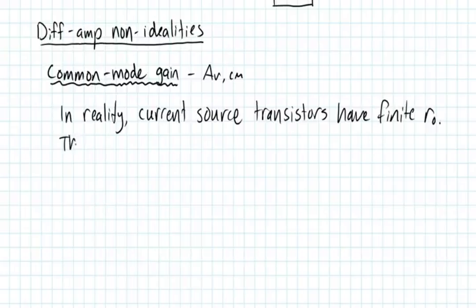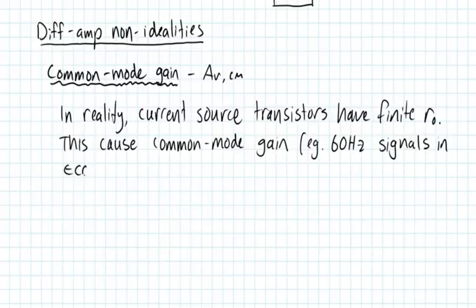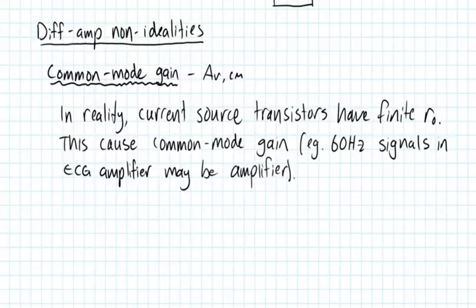So this causes common mode gain. So for example, 60 Hertz signals in an ECG amplifier that are common to your electrodes may be amplified. And you really don't, at least traditionally, want that to happen.